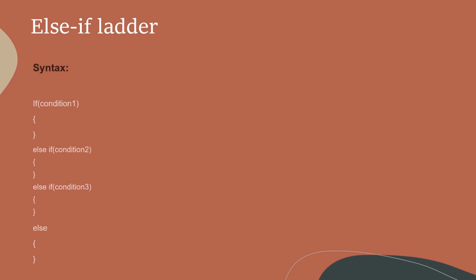If you actually compare it with the if else statement, only this part is different, that means the else if part, the part where we have written else and if after that. So now let's look at an example to understand this.